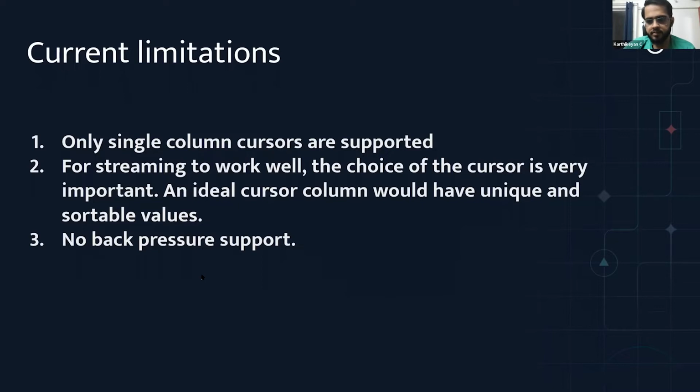That is, if the server is generating events at a rate higher than the rate at which the client can process them, there's no way for the client to let the server know that it is not able to handle them. We do plan to tackle this problem, but it is challenging.